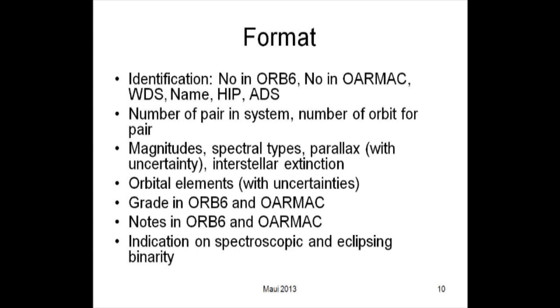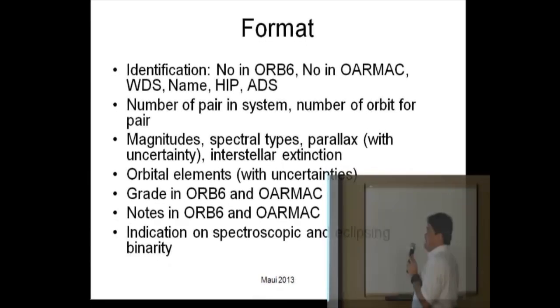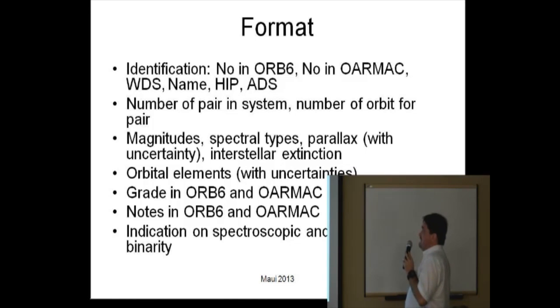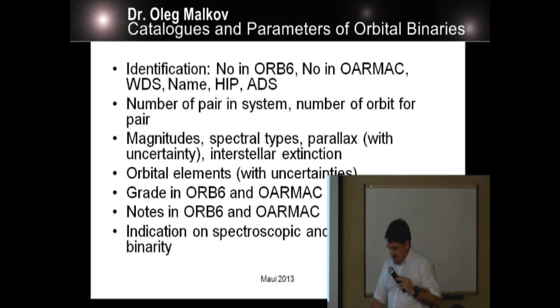We estimate interstellar extinction based on the galactic latitude of a system. Then we keep orbital elements from the original catalogues. We keep the grade of a particular orbit in both catalogs. We also took notes and indications on spectroscopic and eclipsing binarity.